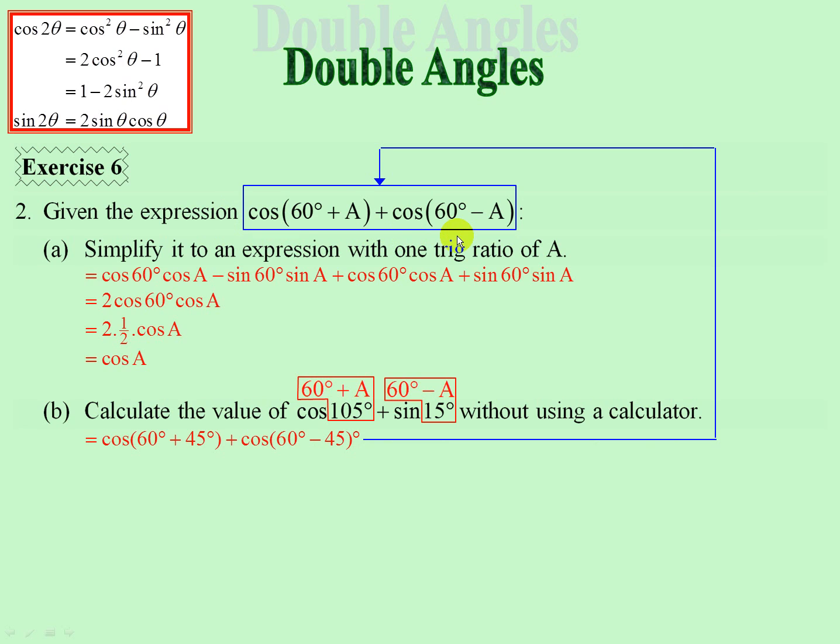Now, that there we've found is equal to cos of A. So the very next line we can go cos of A, and the A is 45. 60 plus 45, 60 minus 45. So therefore straight to cos of 45 degrees. Special angle 45 degrees, therefore root 2 over 2.